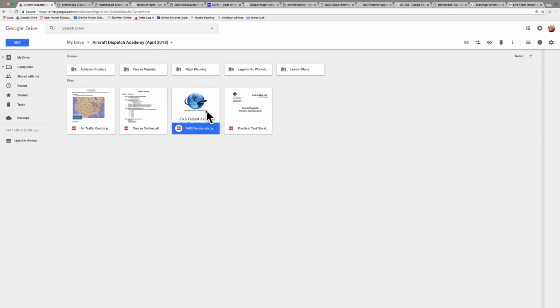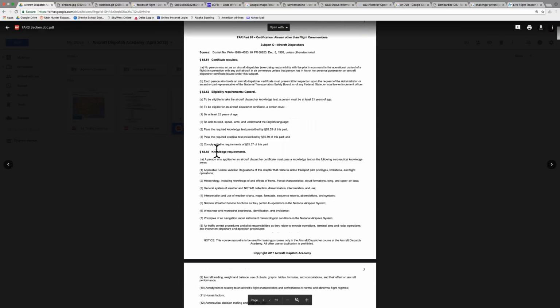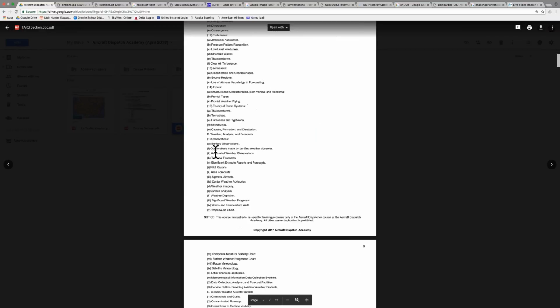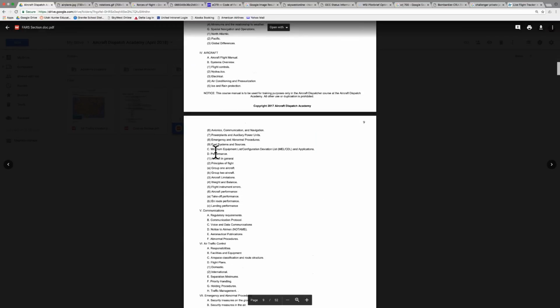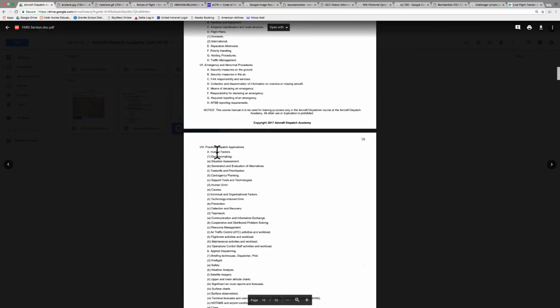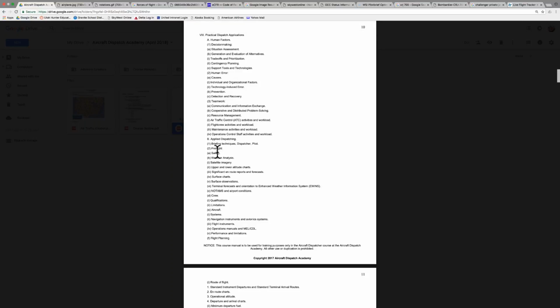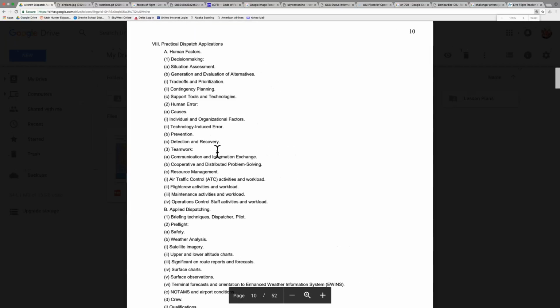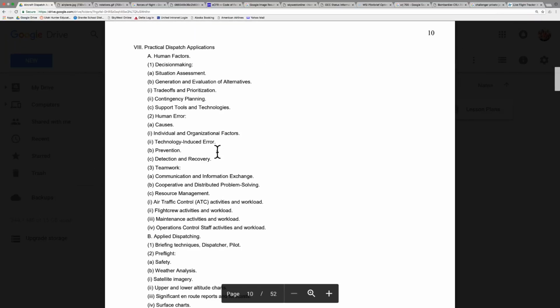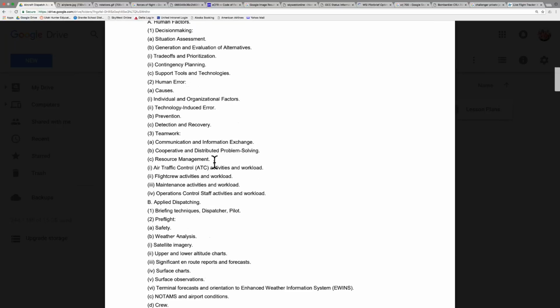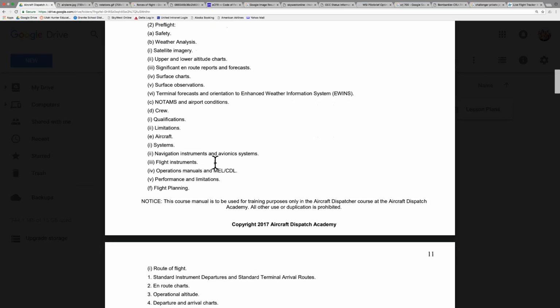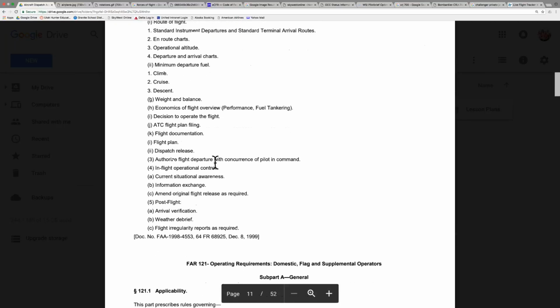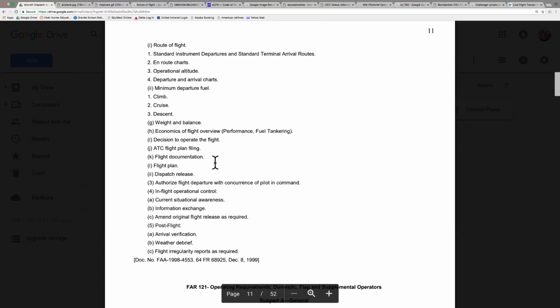But going back to this practical application part, that's one of the biggest things we're going to try to drill into your heads: are we even legal to dispatch? Do we need an alternate? And if we do need an alternate, what are our landing minimums at that airport? That's really where dispatchers break an FAA regulation.